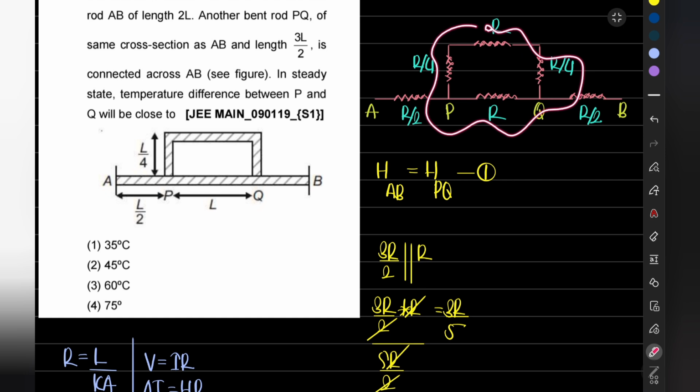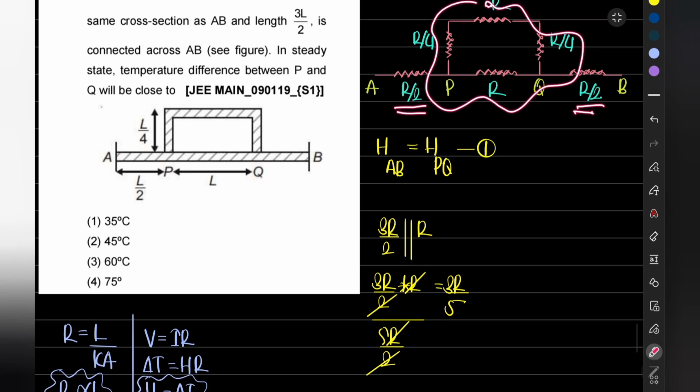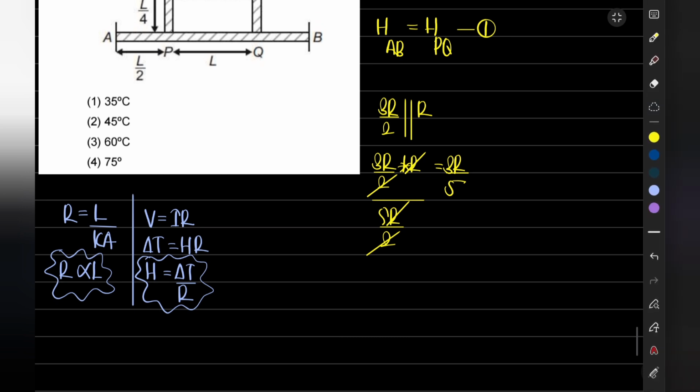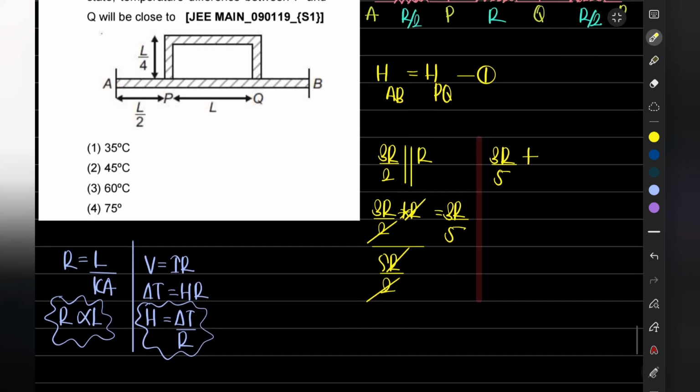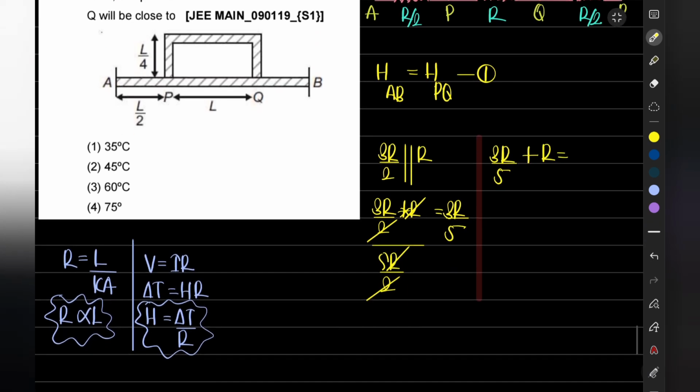3R by 5. Now 3R by 5 is in series with R by 2 and R by 2, that is R. So next we have the series combination of 3R by 5 and R, which will be equal to 8R by 5.